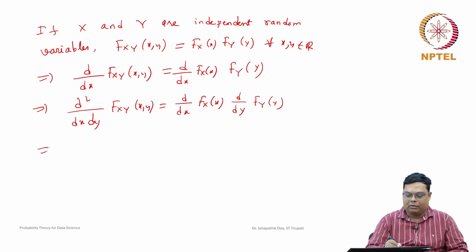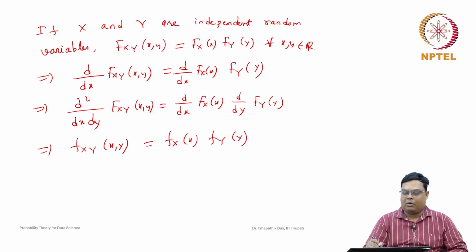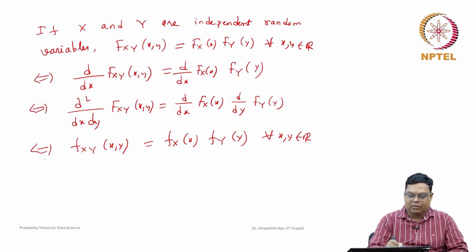Now, what is the left hand side? It is nothing but the joint probability density function. The right hand side is the product of the marginal probability density function of x and the marginal probability density function of y. Hence this is true for all x, y belonging to R. So, this is actually equivalent.